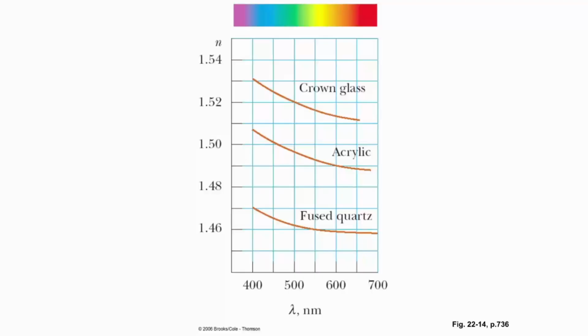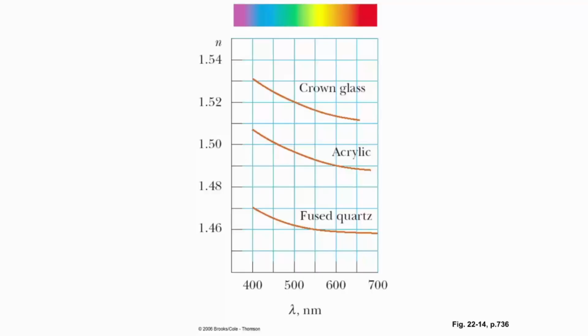It's kind of an average. But I do want you to appreciate, do you notice here how, and the colors are across the top, right? The blues, indigos, and violets over here, they have higher index of refraction, don't they? These curves for all these different materials come down and get lower as you move more to the red side.